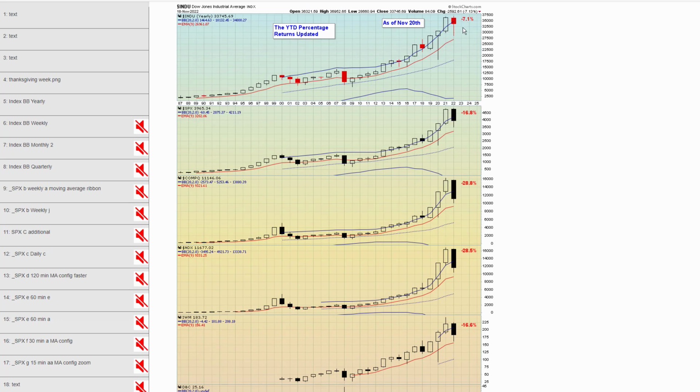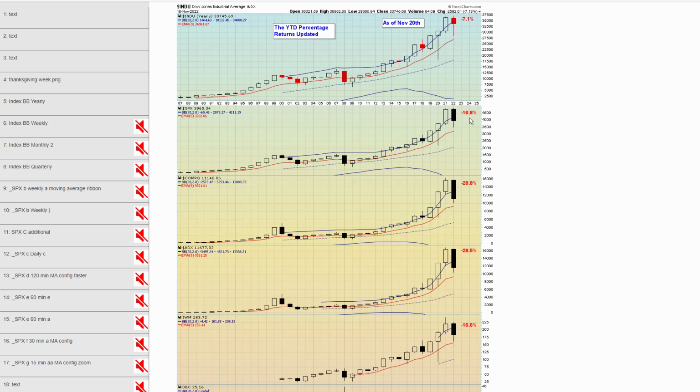So you can see at the top, the Dow so far this year is now down only 7.1%. Again, that's older economy, high value stocks. That has held up the best, and I expect that to continue to be the case during the bear market.